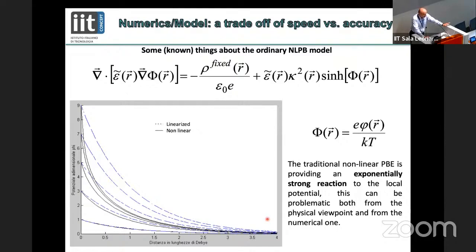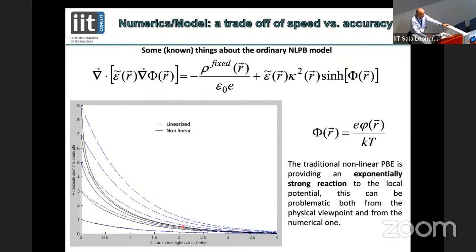If you compare the results, what you can interpret out of it is that the nonlinearity is providing a very strong, exponentially strong reaction to the local electric field, so that in the vicinity of your molecule, the potential decreases much faster than in the case of the linearized one.